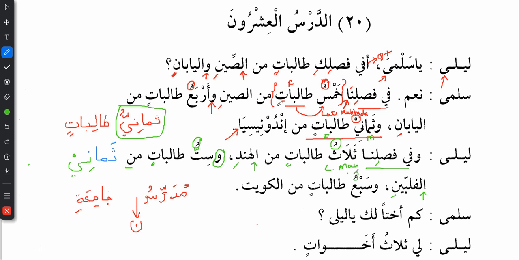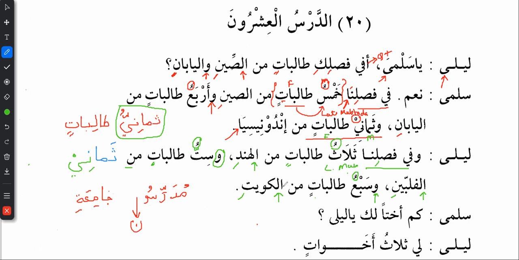Wasab'u, following the same haraka due to waw atf. Talibatin minal Kuwaiti. Due to lam tarif, this country name will also take a kasra. Whenever a country name has a lam tarif, it is allowed to take a kasra.